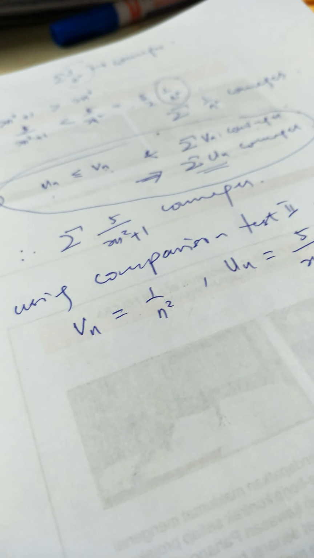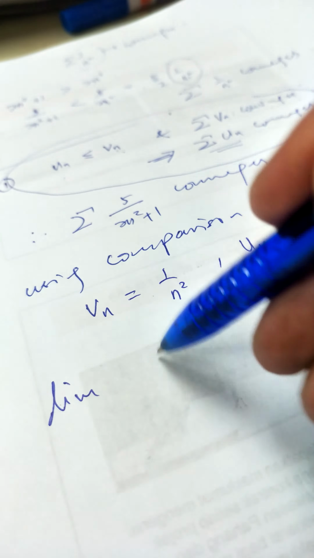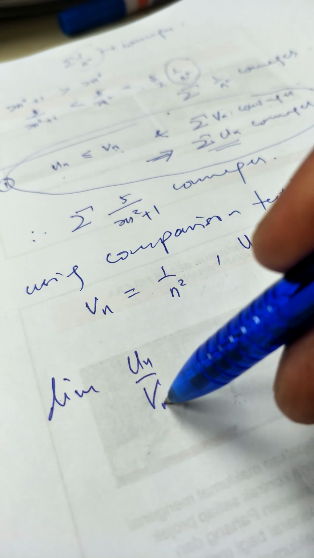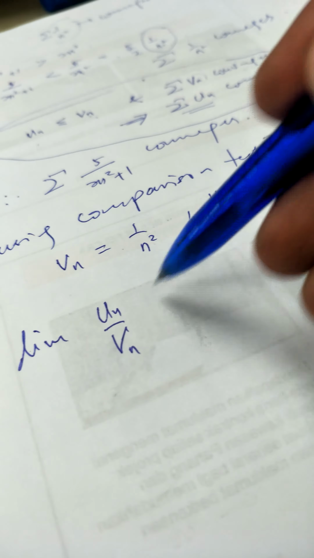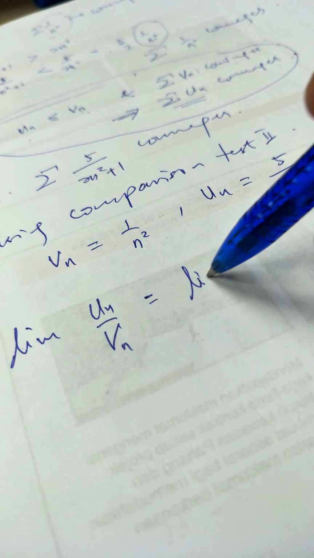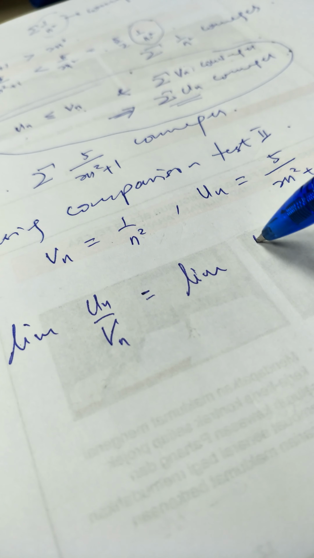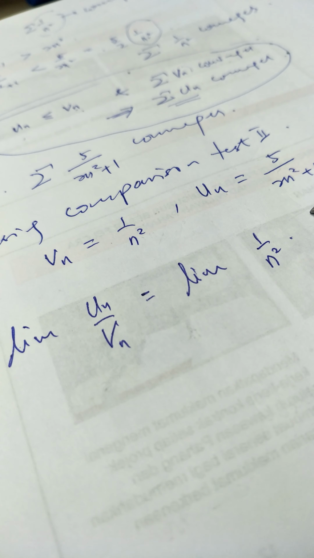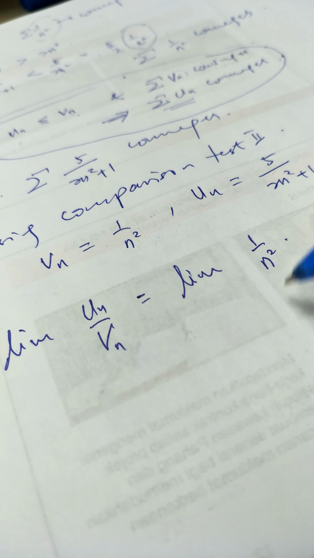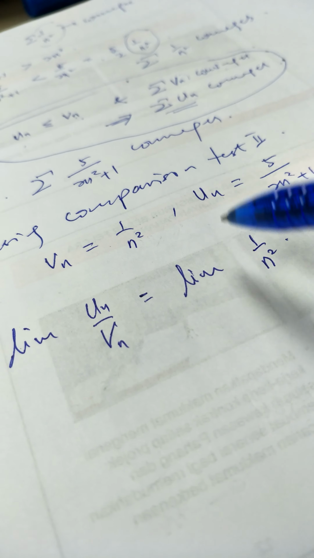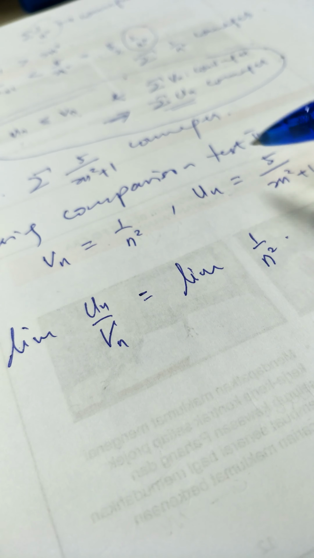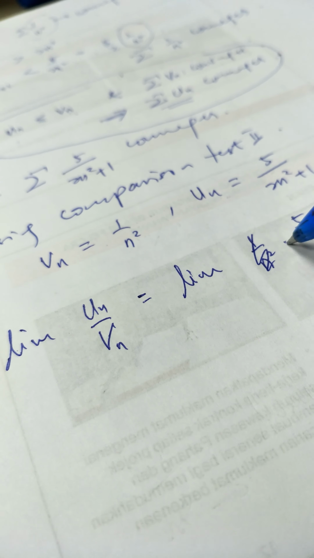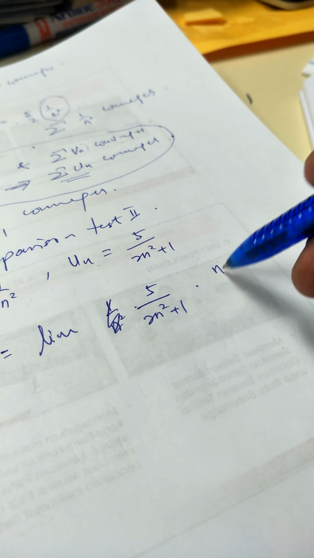Then the limit of un over vn equals the limit of 5 over 2n squared plus 1, times n squared over 1.